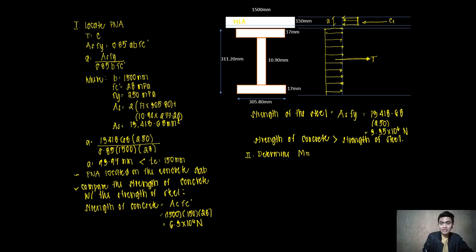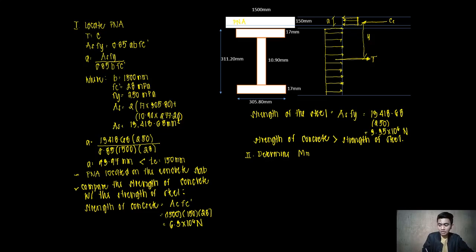For example, the tensile force is at the center of the I section, and the compressive force is at the center of A here. So if I were to determine the vertical distance, let us name this y. How are we going to do that?